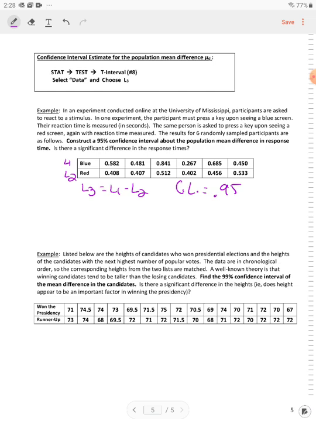So I'm going to have to plug this data in. So we have STAT, go to Edit. I'm going ahead and I clear my L3, because it's a little bit backwards. Okay, so we'll put in 0.582, 0.481, 0.841, 0.267, 0.685.